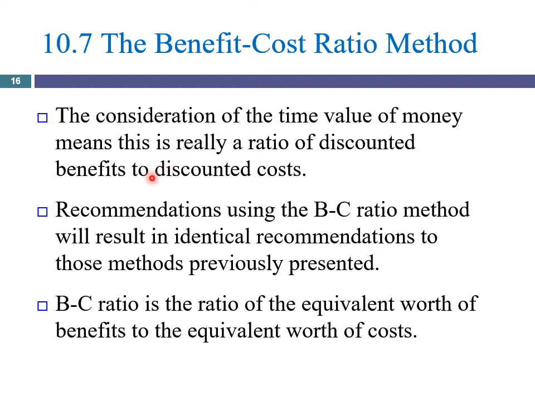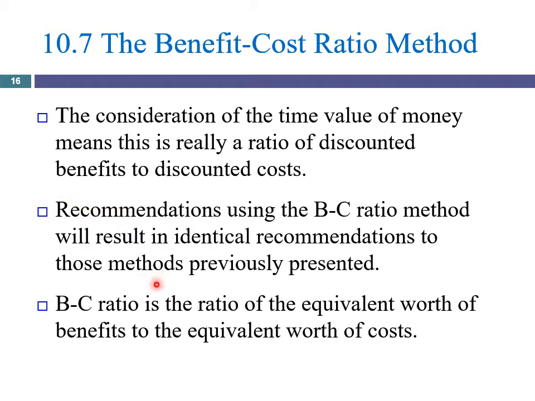When we evaluate a project using the benefit-cost ratio method, shortly we will say BC ratio method, the final decision will be identical with the methods that we previously learned: present worth method, annual worth method, future worth method, IRR or ERR.